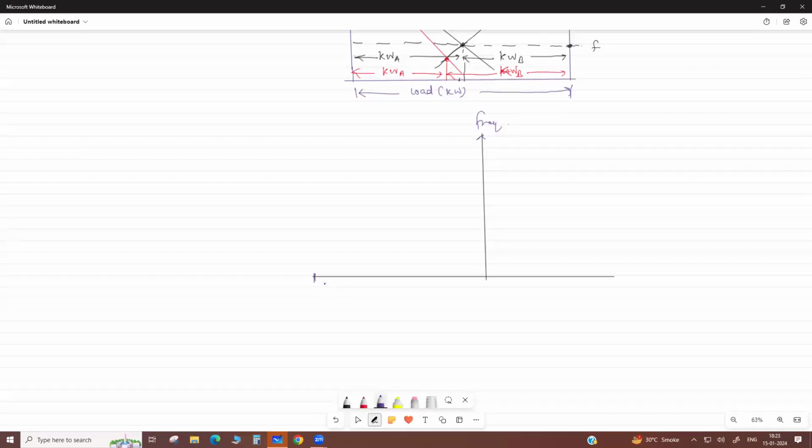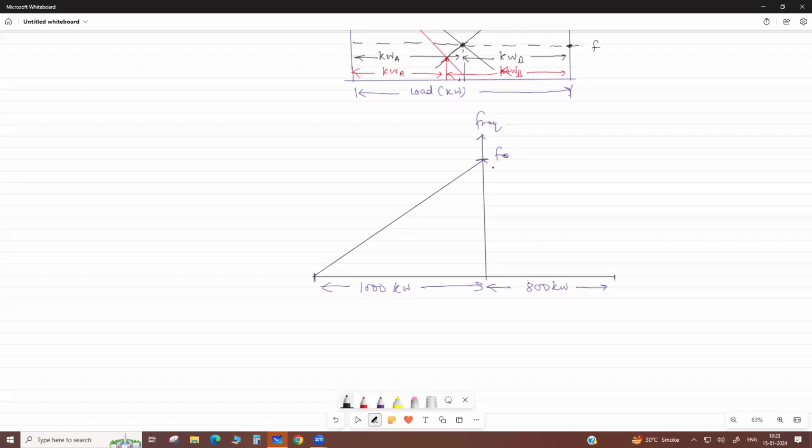Now this is the full load kilowatt, this is the 1000 kilowatt rating of machine A. This is the rating of B machine, it is 800 kilowatt. And this is suppose the no load frequency, F naught. Now what is the frequency versus load curve of machine B individually?